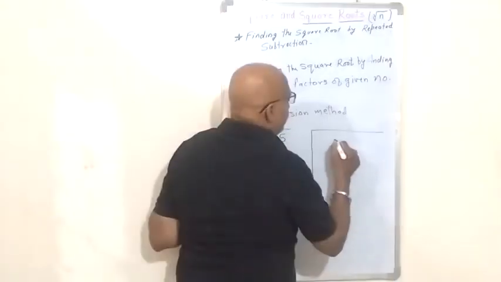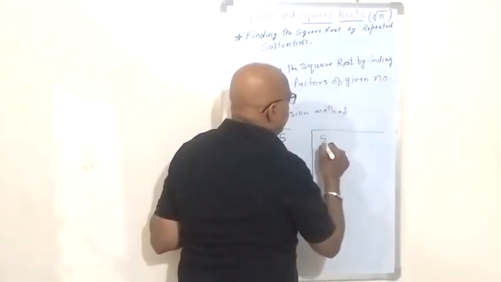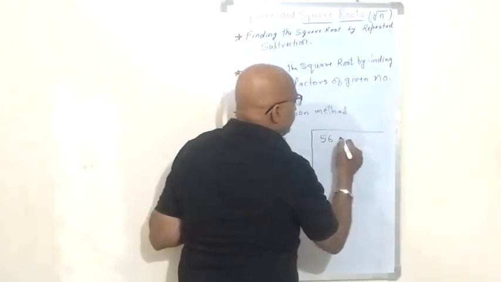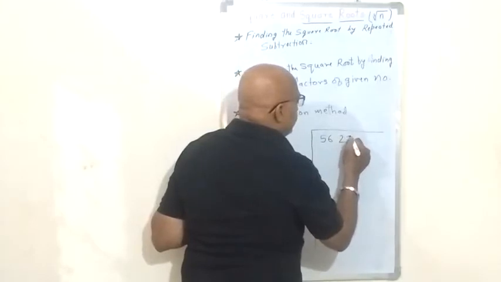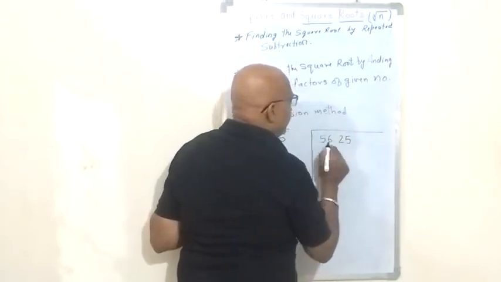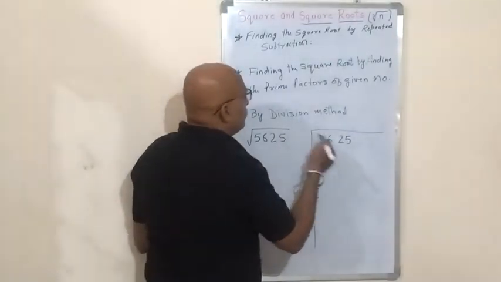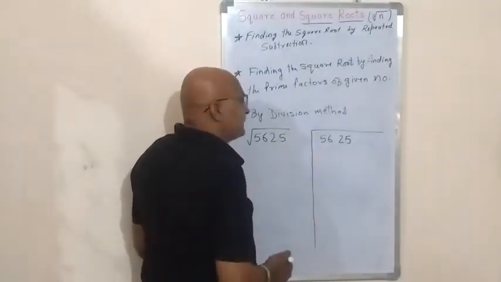So we'll write it as 56 and 25, and a slight gap between these 2, 56 and 25. We'll keep a slight gap. So now 56 is there.